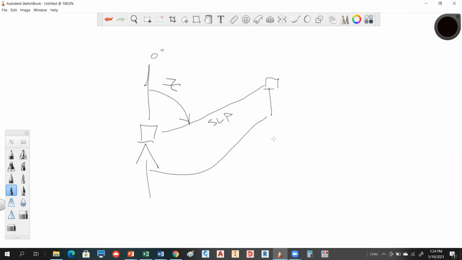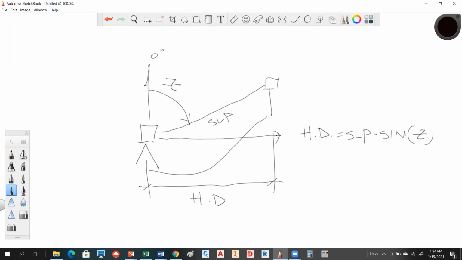If you want this horizontal distance here, what we're saying is that horizontal distance is going to be equal to that slope distance times the sine of that zenith angle. Okay. If you were measuring the vertical angle, this is your 0, this is your theta angle, and so then it becomes a cosine relationship.